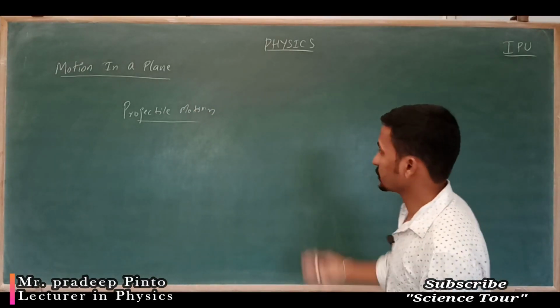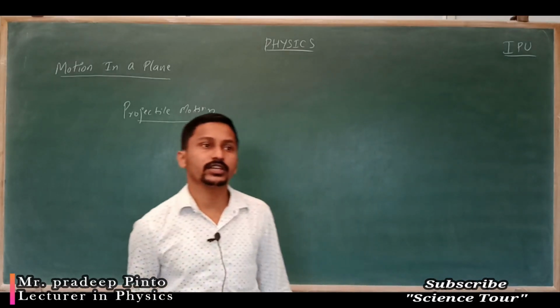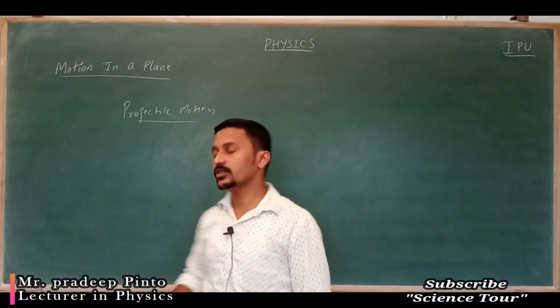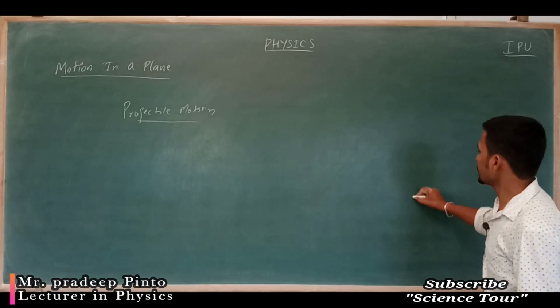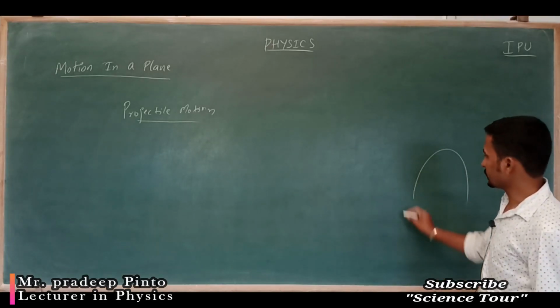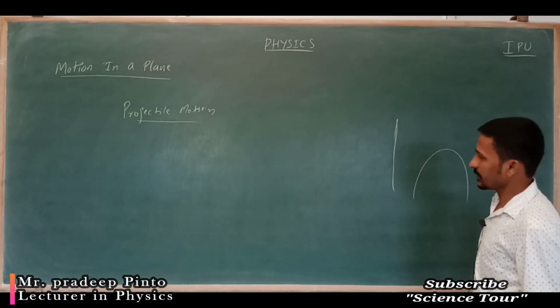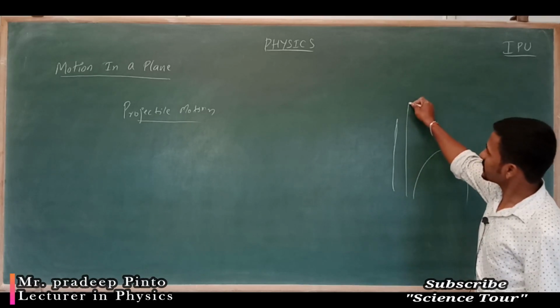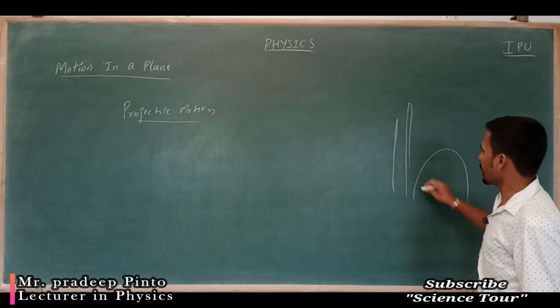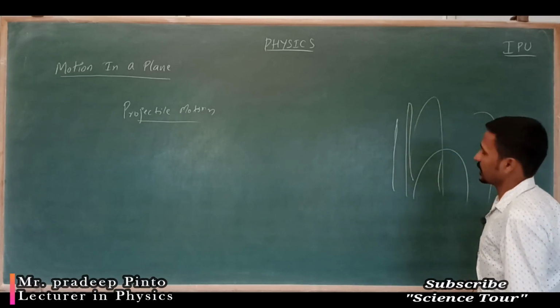So, in projectile motion we understood that any object which is thrown will take a parabolic path. It won't take a straight line and come back; it will move in a parabolic path in this way.